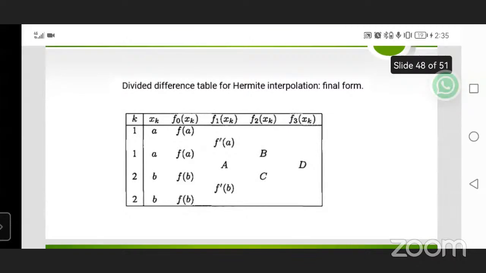So then we now have a divided difference table for the Hermite interpolation, the final formula. Just as my other colleague defined in the Newton method of solving interpolations, we have the divided differences table.